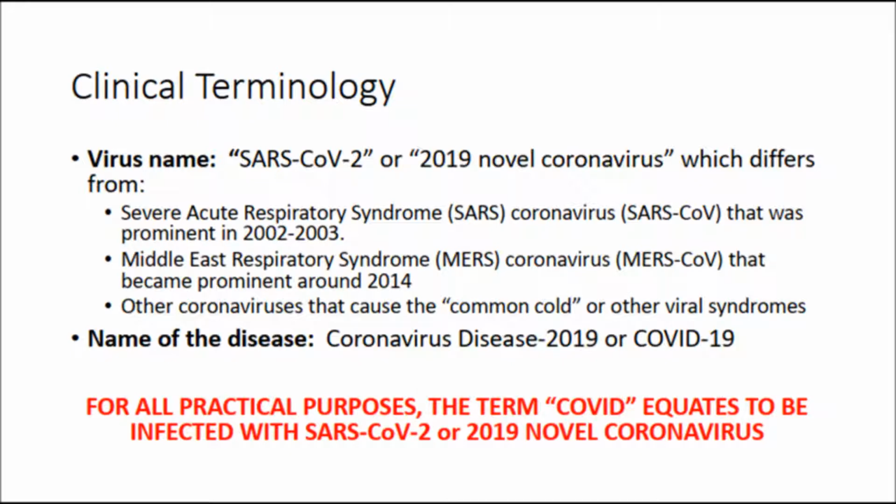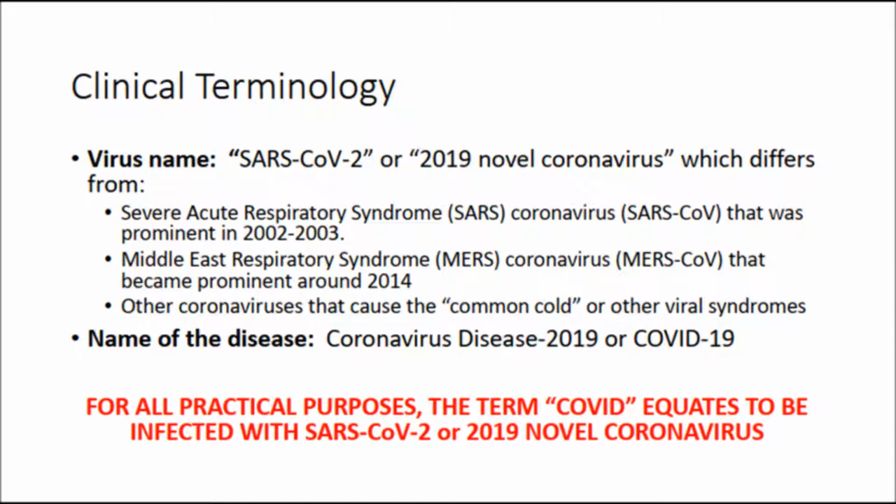Clinical terminology. Virus name: SARS-CoV-2 or 2019 novel coronavirus, which differs from severe acute respiratory syndrome, SARS, coronavirus, SARS-CoV, that was prominent in 2002 to 2003, and Middle East respiratory syndrome, MERS, coronavirus, MERS-CoV, that became prominent around 2014.